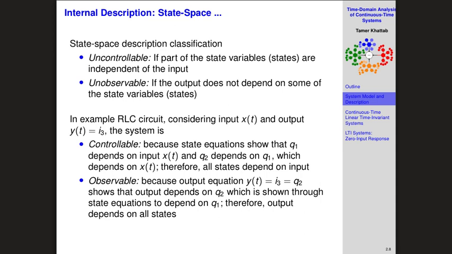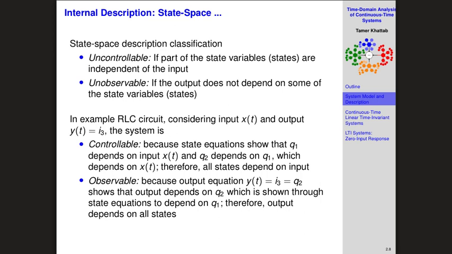The other way, when you want to check the observability, you look at the output equations. And if you see that the output depends on all the states, then this is an observable system, because any change in one state is going to cause a change in the output.